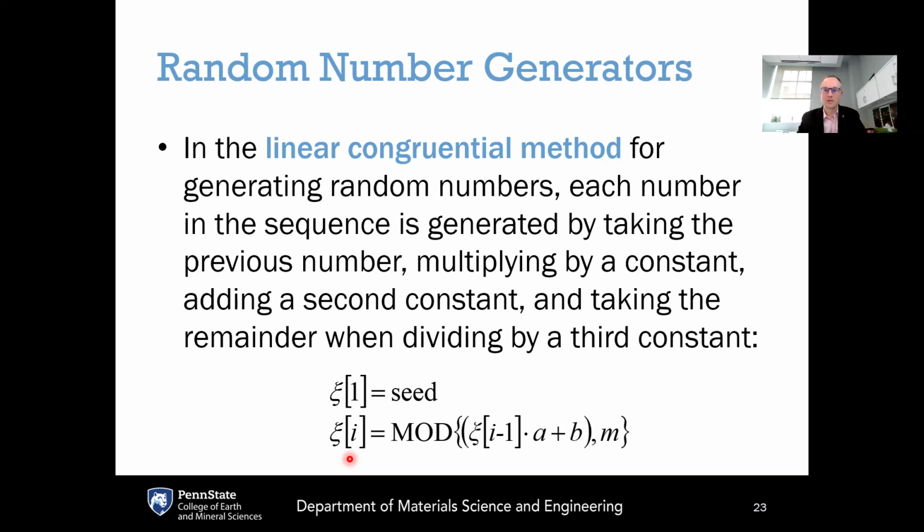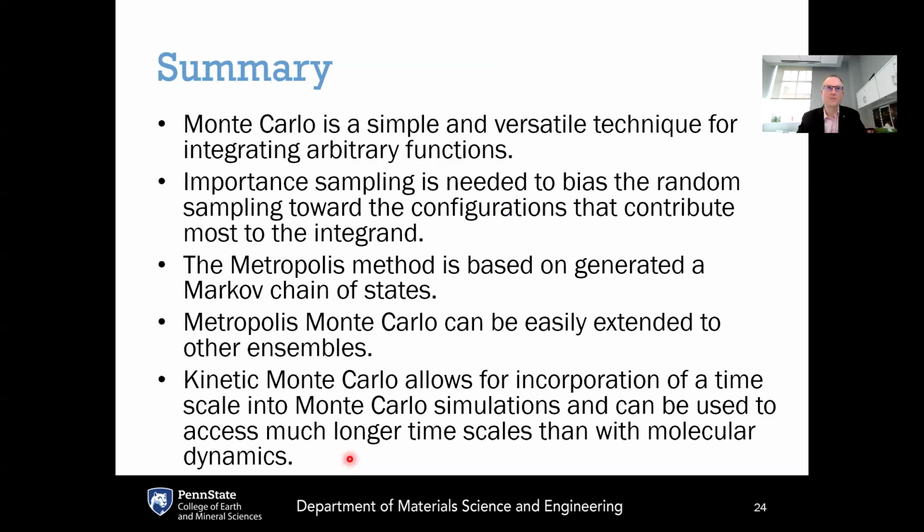And there are lots of techniques for trying to optimize and test how good random number generators are. So to summarize, Monte Carlo is a simple and versatile technique for integrating arbitrary functions. We need to use importance sampling to bias that sampling, so we can bias our random sampling towards the configurations that contribute the most to the integrand.